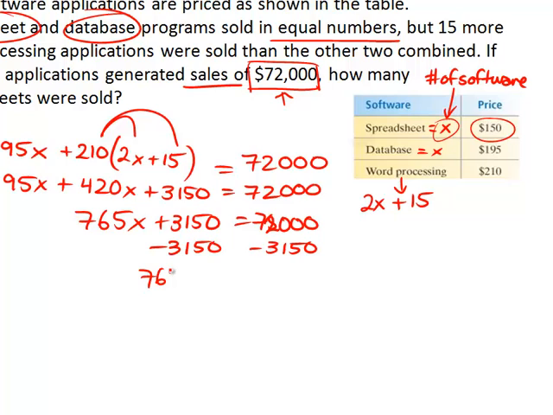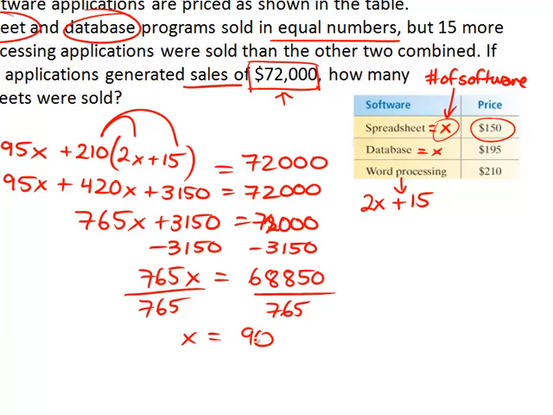That gives us 765x is equal to 68,850. And divide both sides by 765, giving us 90 pieces of spreadsheet software.